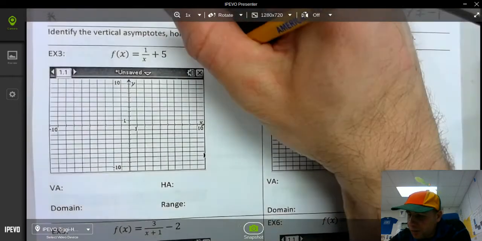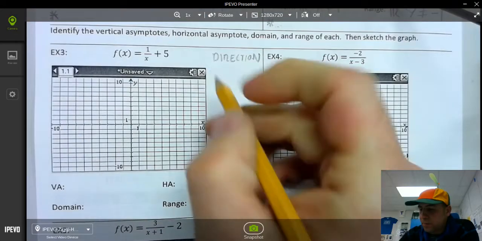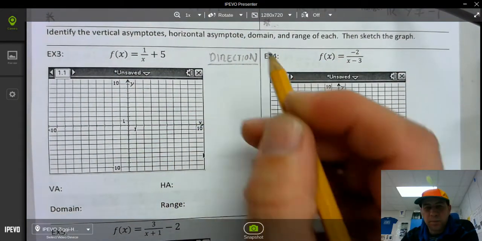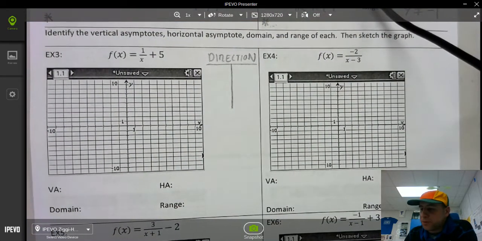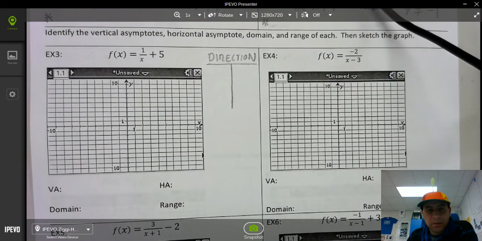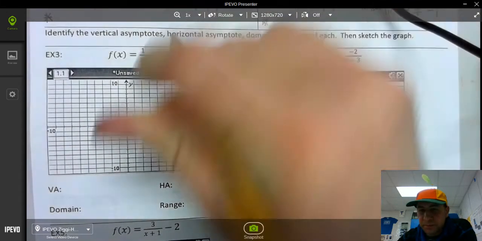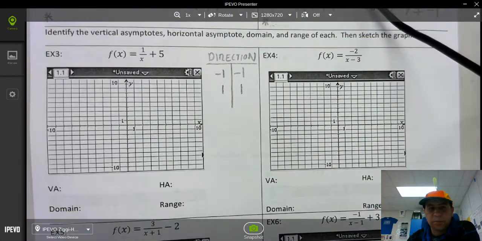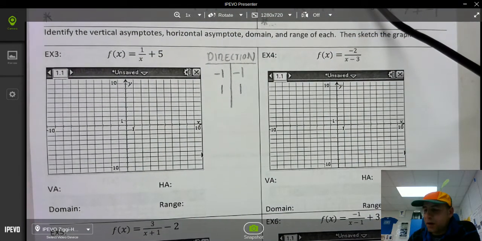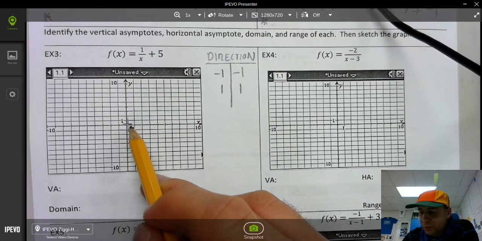Now we know when we graph by direction, we know the directions for a rational function are -1, -1, 1, 1. Now we know in a rational function we move the asymptotes, and they always start out at x equals 0, y equals 0.